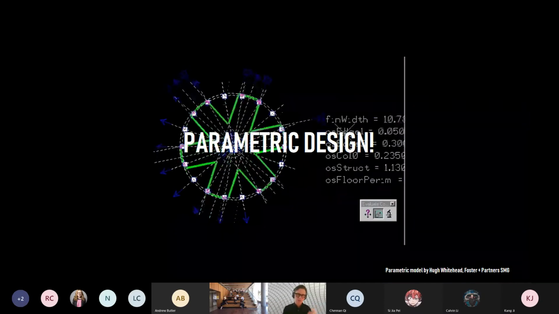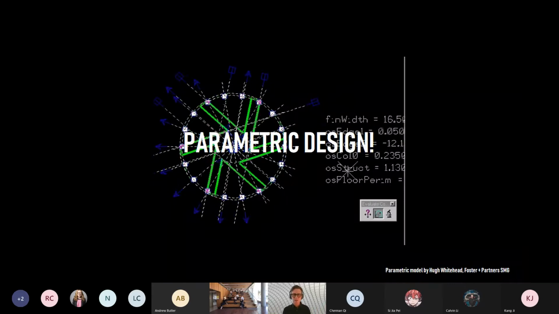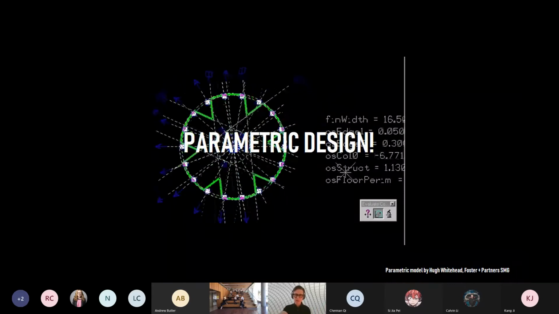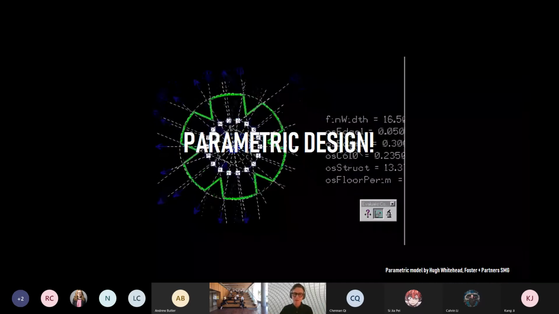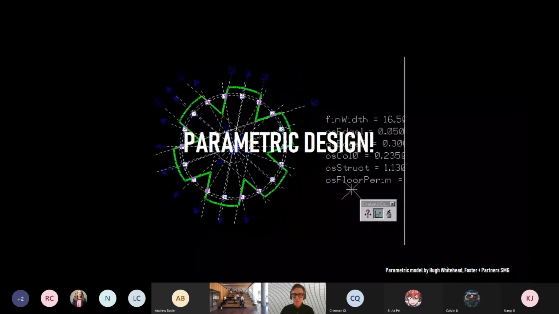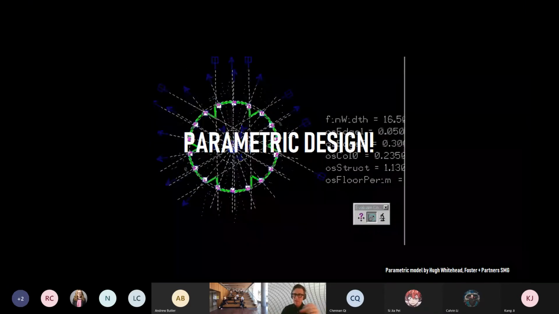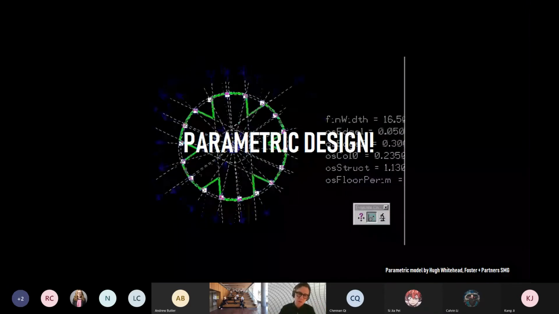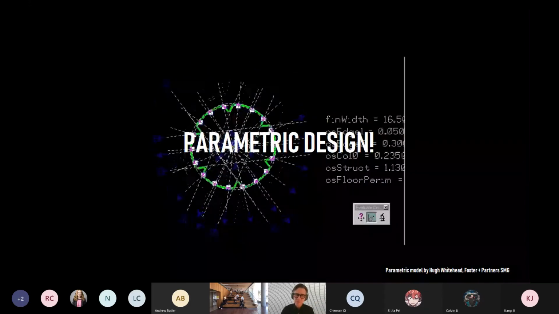What Hugh could do with this parametric design software was not only control the form, but also link the two-dimensional section to the three-dimensional plan profiles, and then iterate the parametric engine in order to produce the many different iterations of the plan profile.